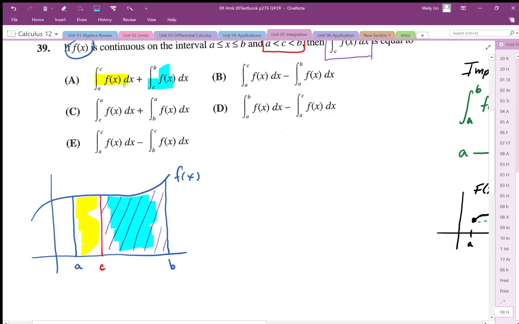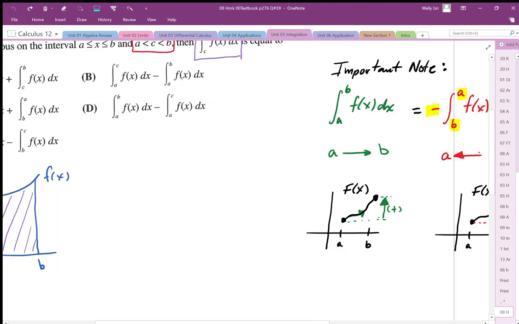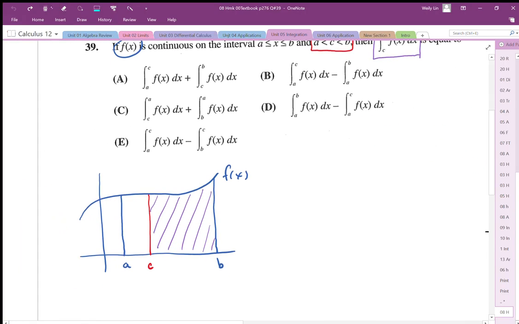So essentially what this a equals is the entire area, not just the purple area. So this cannot be true. Okay, so I'm just going to get rid of that shading. And we're going to say that a is not possible. So we're going to eliminate a as an answer, because that actually essentially is the area from a to b.